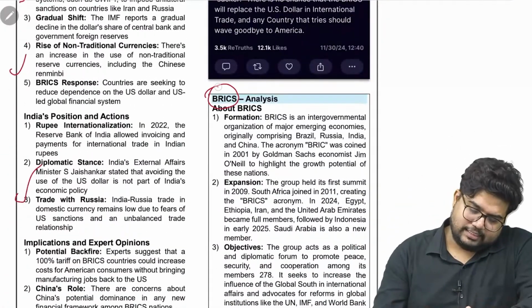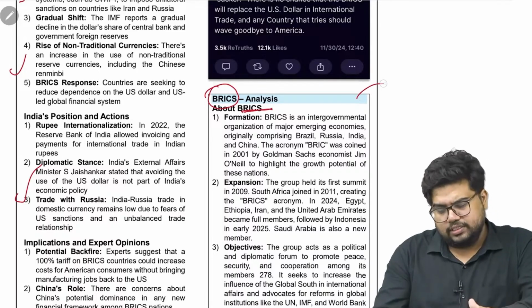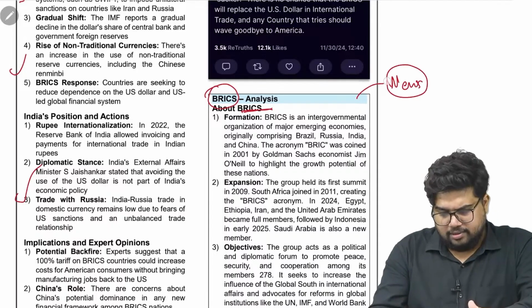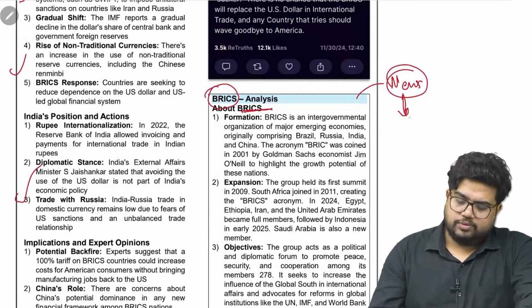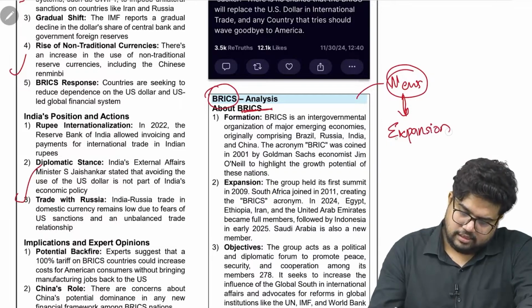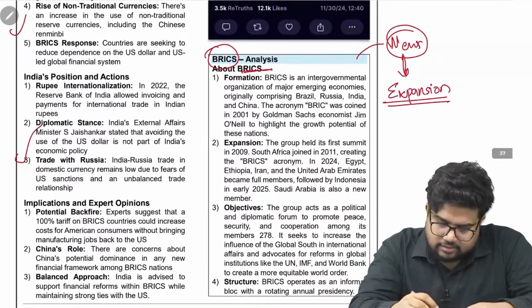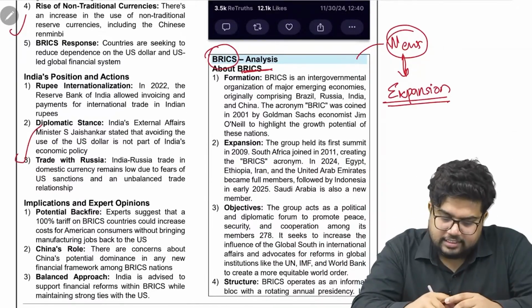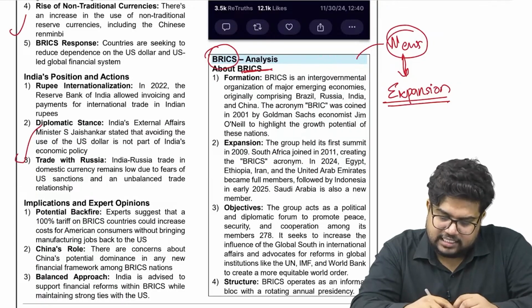Now there is BRICS analysis given here. BRICS, again too much in the news. Majorly, the institutional development that is happening with BRICS is the expansion. BRICS is undergoing considerable expansion. What is BRICS? It's an intergovernmental organization of major economies comprising Brazil, Russia, India and China.